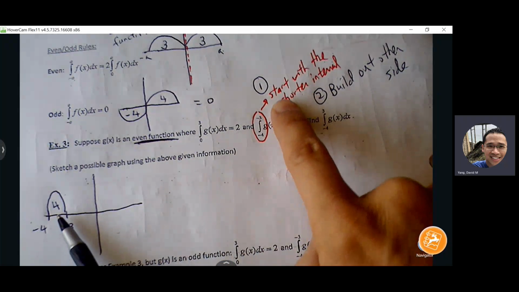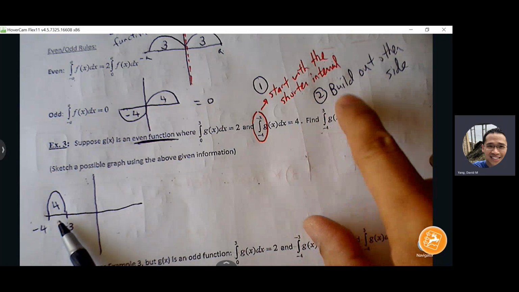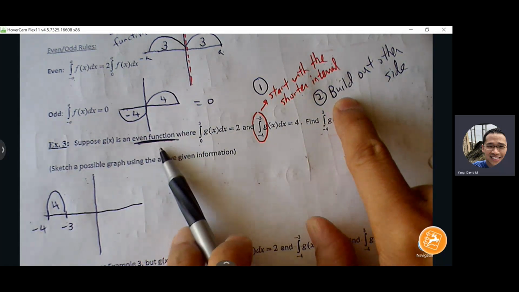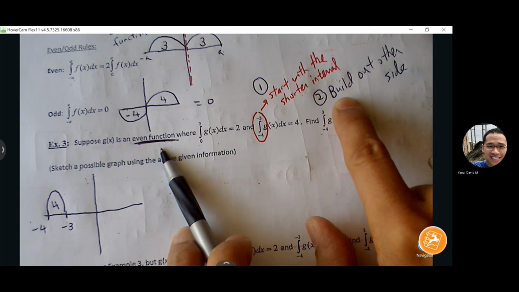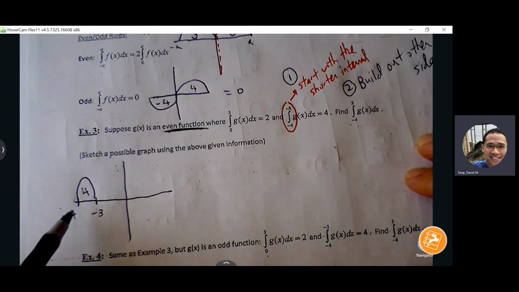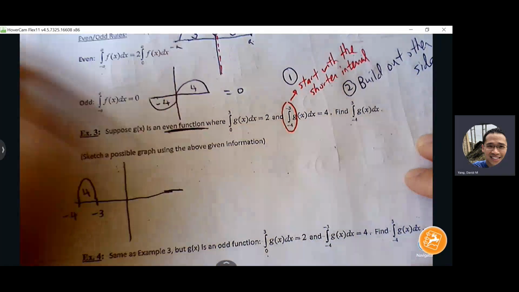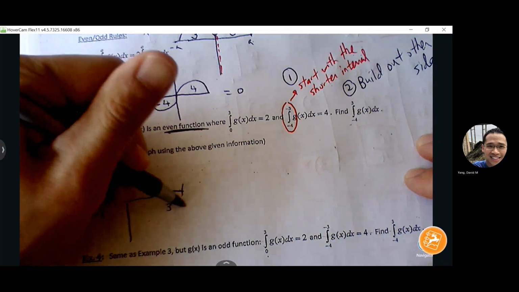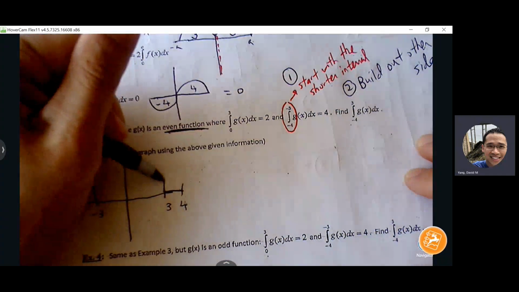But as soon as you have that shorter interval built, build out the other side using what you know about that property. So what can I put on the other side just with this knowledge of what we have here? Same thing, meaning that what interval can I put something? 3 to 4. Also what? Also 4.